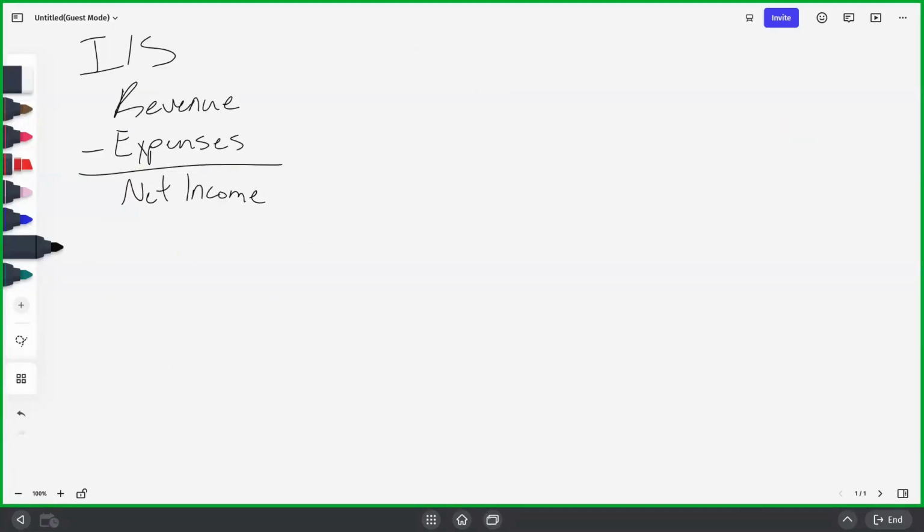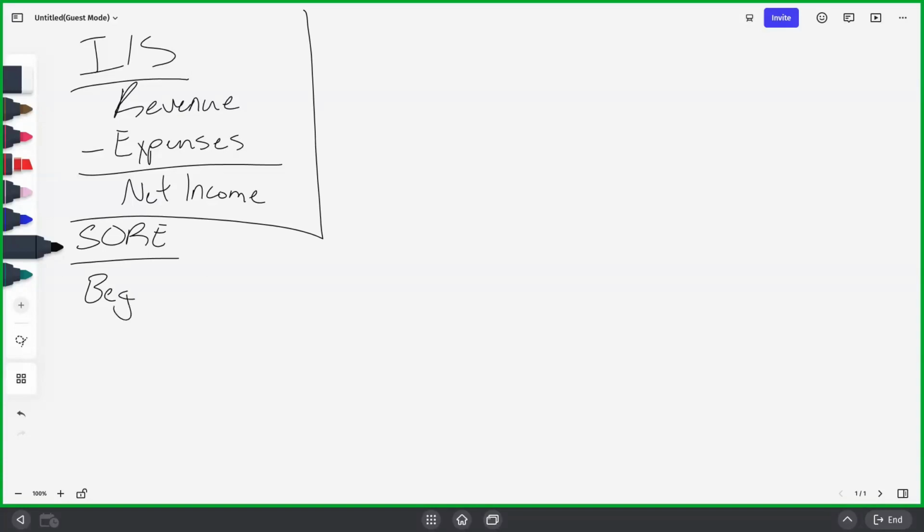All right. So what's the next financial statement? That comes right after. Statement of retained earnings. All right. Now, how do I do that? Beginning retained earnings. What comes after that? Net income, adding or subtracting?